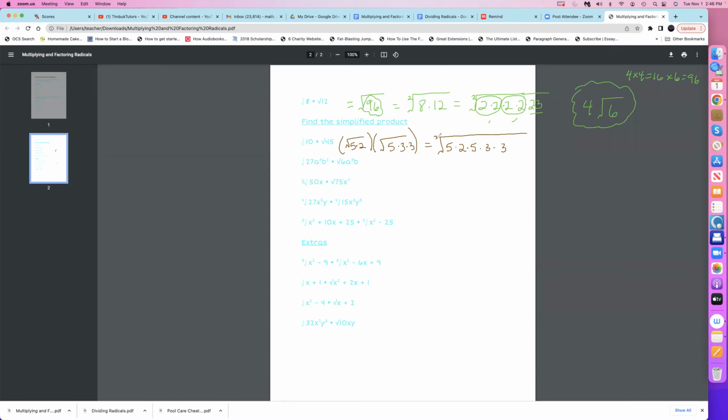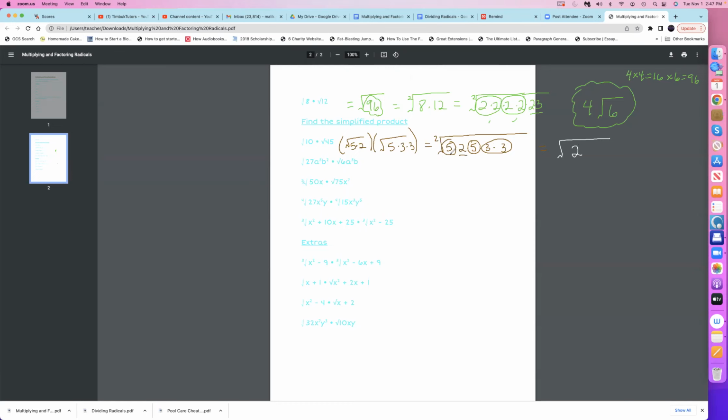Looking for pairs, since I don't have another root index specified, I have a pair of 5s and a pair of 3s, and the 2 is left inside. So inside I have just the 2.